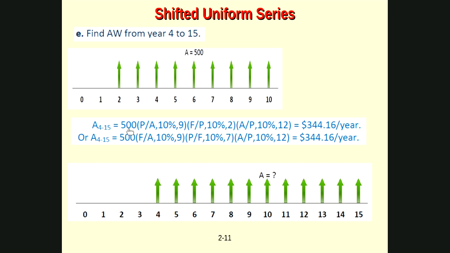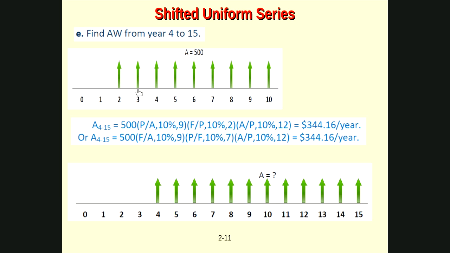On the first step, when all is converted to the present, you count the number of years: 1, 2, 3, 4, 5, 6, 7, 8, 9. So it is 9 years starting from year 2 to year 10, and that's the number of years you are going to use with the formula P given A for 10% and 9 years. When you convert them all to year number 1, then he moved them to year number 3.